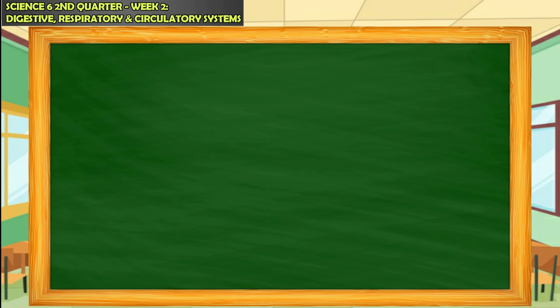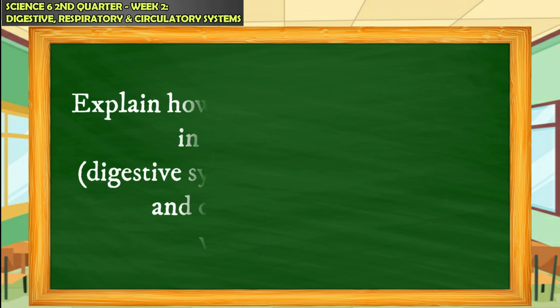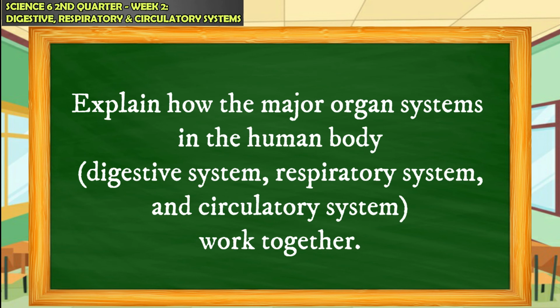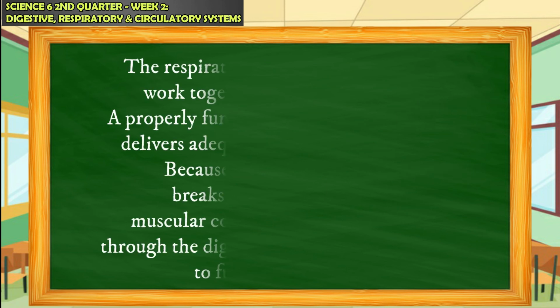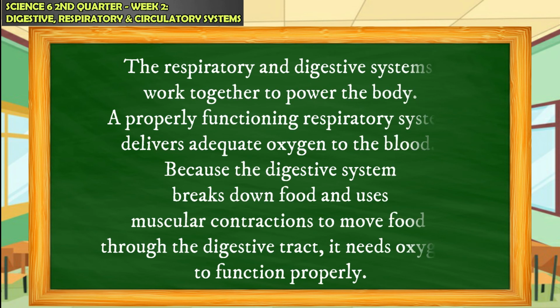Let's check further if you understand our lesson. Explain how the major organ systems in the human body, digestive system, respiratory system, and circulatory system work together. Good job, learners! The respiratory and digestive systems work together to power the body.